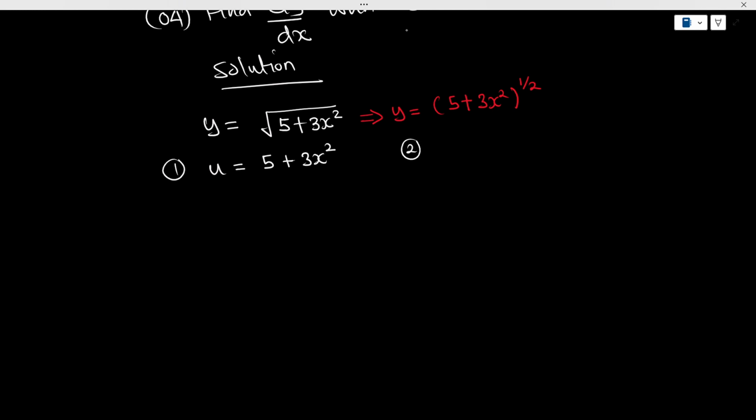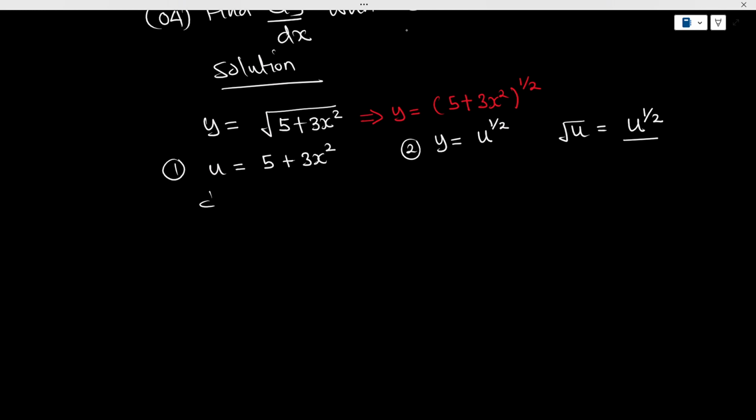In another equation, y is going to be replaced by u, so y is u raised to 1/2. Remember, we are replacing the expression inside the radical sign by u. So y equals square root of u, which is equivalent to u power 1/2.